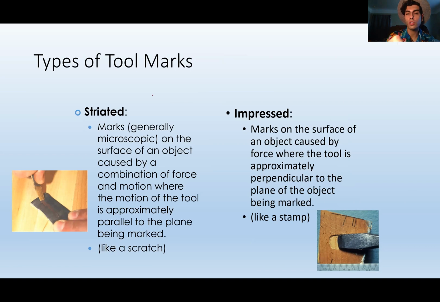We have striations, which is where something is dragging across the surface. It's causing scratches to form, kind of like scratching on a chalkboard. And then we have impressions, which is instead of a dragging motion, it is simply a pressing motion. There's an impression that's being made. So think of your thumb in Play-Doh as opposed to nails on a chalkboard, which is striations.